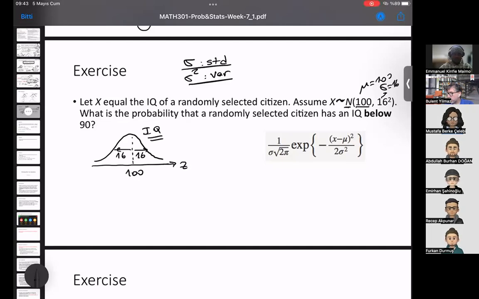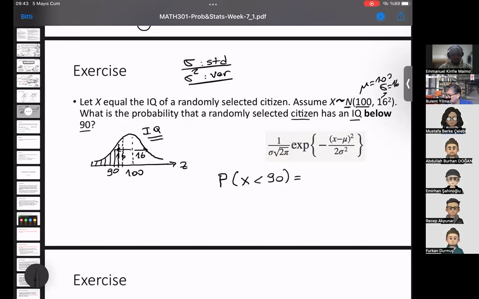And here is the question. What is the probability that a randomly selected citizen has an IQ below 90? What does this mean, below 90? I have this 90 as my threshold, and I want to find the area under the curve below 90. Did you understand how I came up with this area under the curve? So it asks for the probability of X being less than 90.